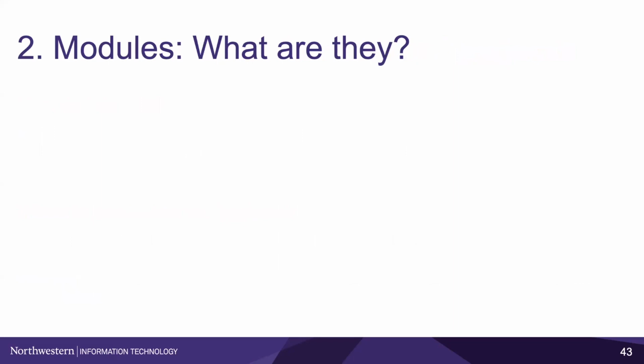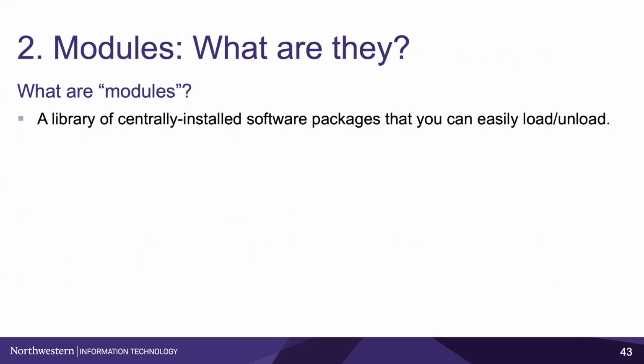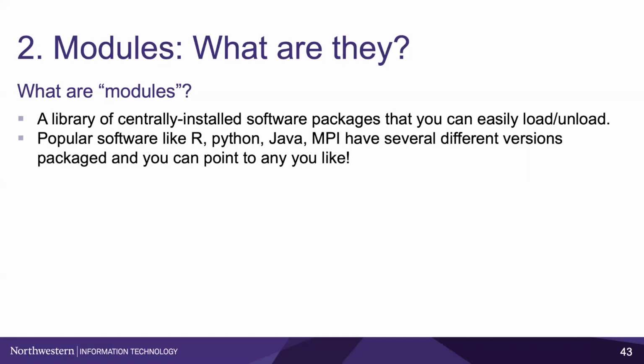The second option was modules. Now, you might be wondering, what exactly are modules? Modules are a library of centrally installed software packages that you can easily load or unload. Popular software packages like R, Python, Java, and MPI have several different versions packaged, and you can point to any one that you like.